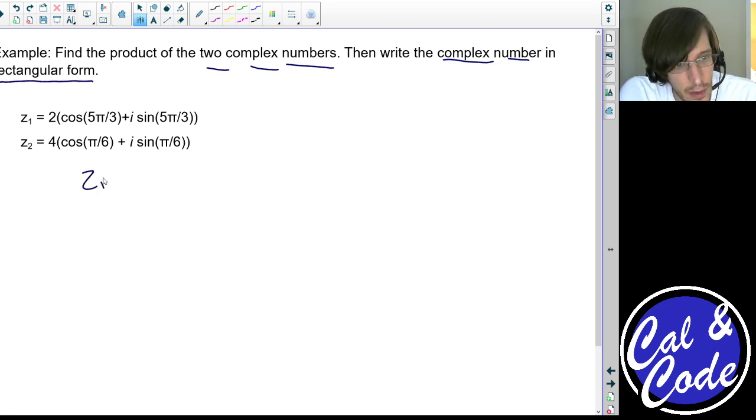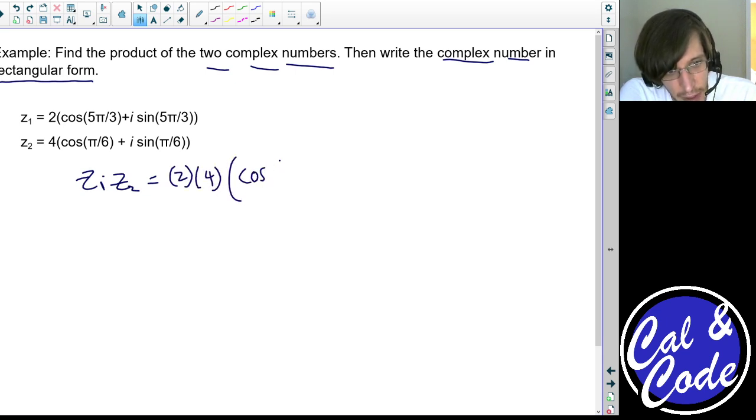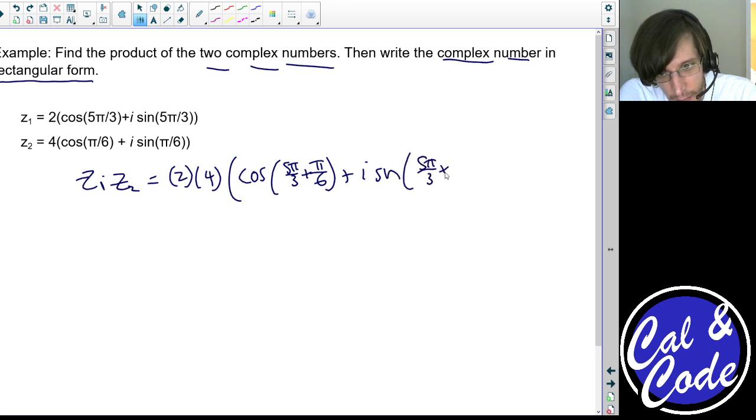So if I want to do z1 z2, then what I'm going to do is say it is 2 times 4 times the cosine of 5 pi thirds plus pi sixths plus I times the sine of 5 pi thirds plus pi sixths. Notice that I'm just multiplying the two numbers up here together, and then I'm adding the angles.